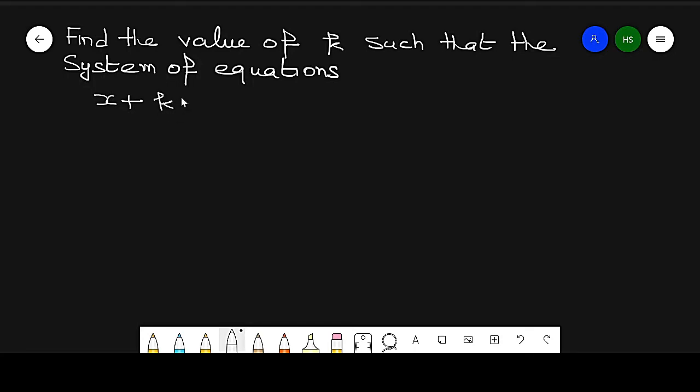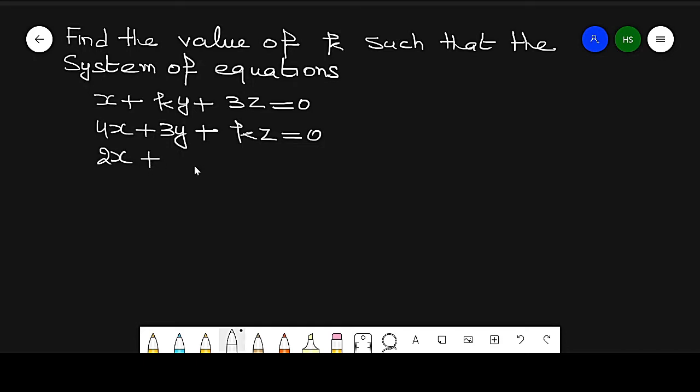So equations are x plus ky plus 3z equal to 0, 4x plus 3y plus kz is equal to 0. Third is 2x plus y plus 2z equal to 0.